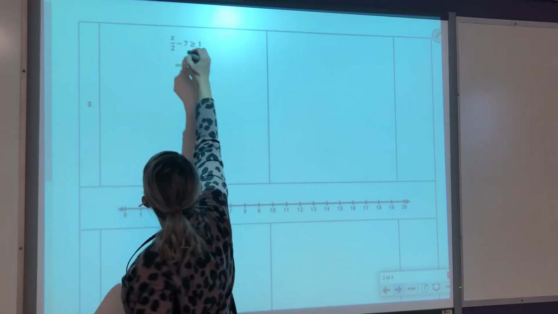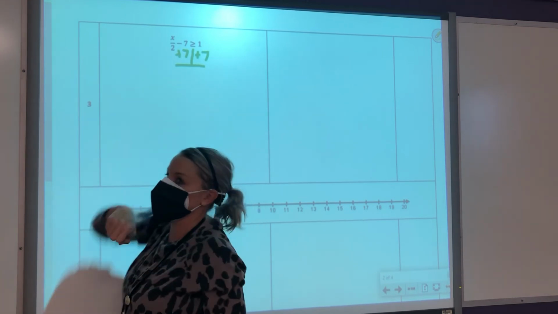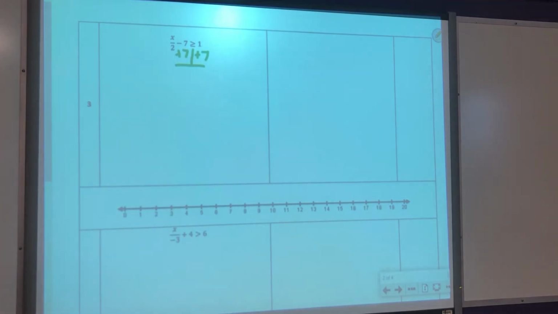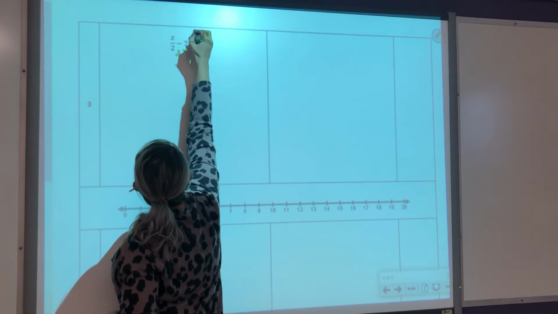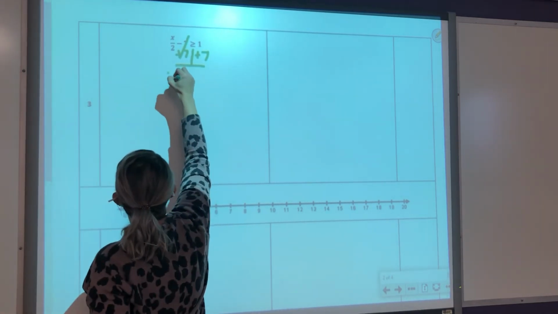Very good. Add to the left and add to the right. -7 plus 7. Those are opposites, so they cancel. My variable term comes down.